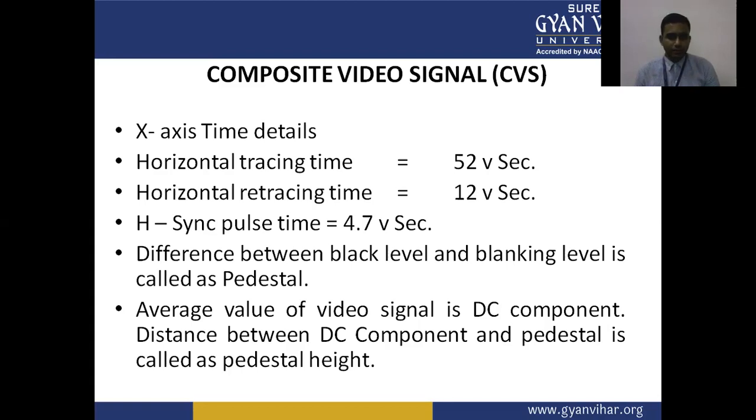The difference between the black level and the blanking level is called the pedestal level. The average value of the video signal is the DC component. The distance between the DC component and the pedestal is called pedestal height.